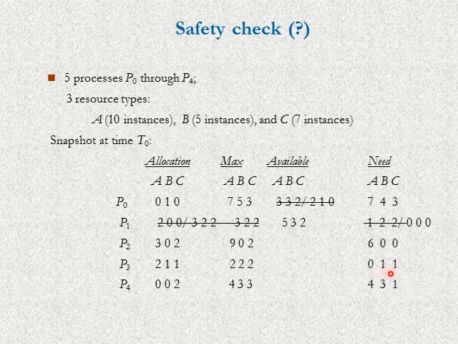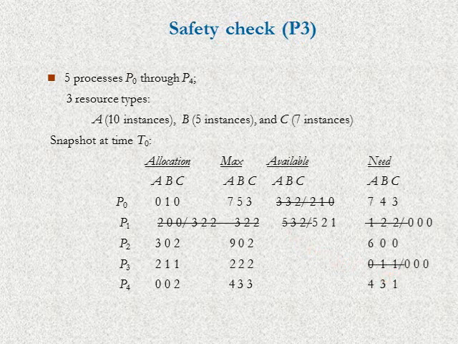You can see that P3 can complete its execution within these available resources. So we will pick up P3 as the next process. Now these resources will be taken from the available. So you can see that the new available will become 5, 2 and 1, while they will be deducted from the need because now they are already allocated to it.